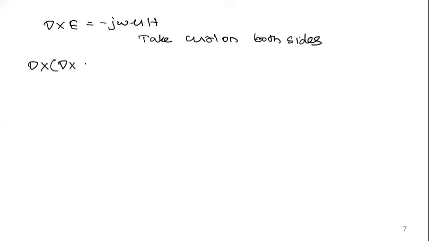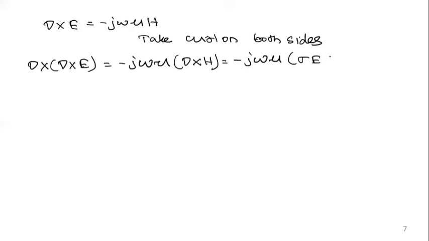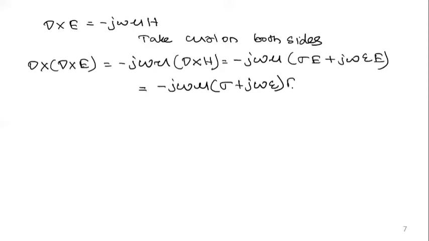Then it will become del cross del cross E equal to minus j omega mu, the curl of H, which is equal to minus j omega mu into sigma E plus j omega epsilon E, right? So it will become minus j omega mu into sigma plus j omega epsilon into E.